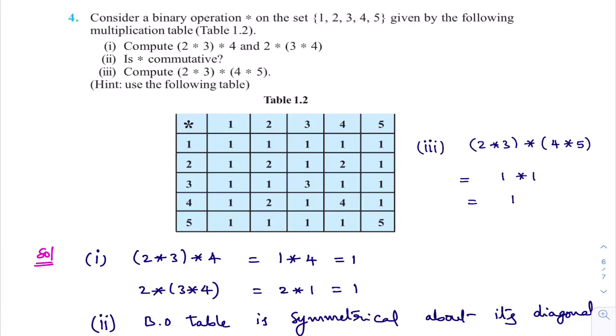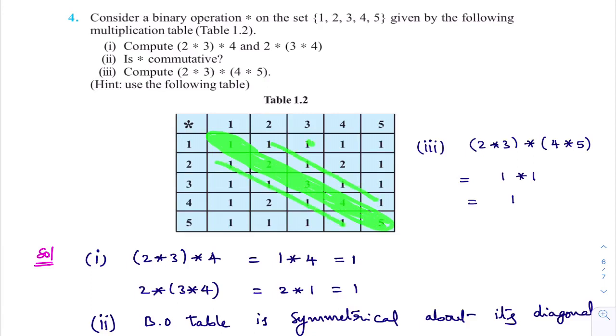For this table, you observe only this part. In this part, you consider the diagonal. These are the diagonal elements. You observe whether this table is symmetrical about its diagonal or not. Symmetrical means you see here 1, 1, 1, 1, and here also 1, 1, 1, 1.